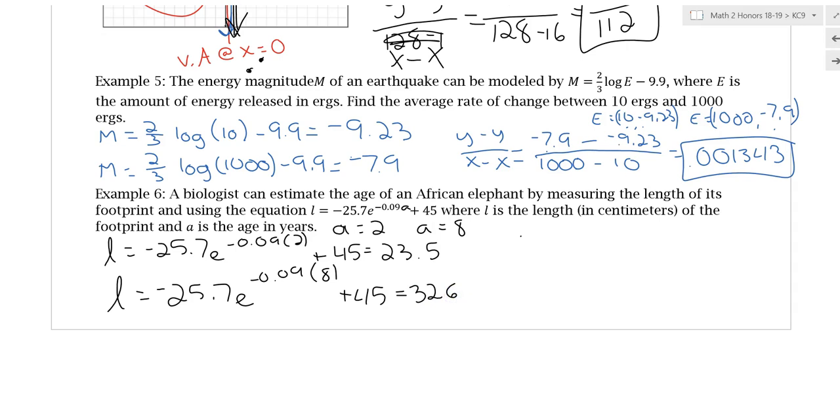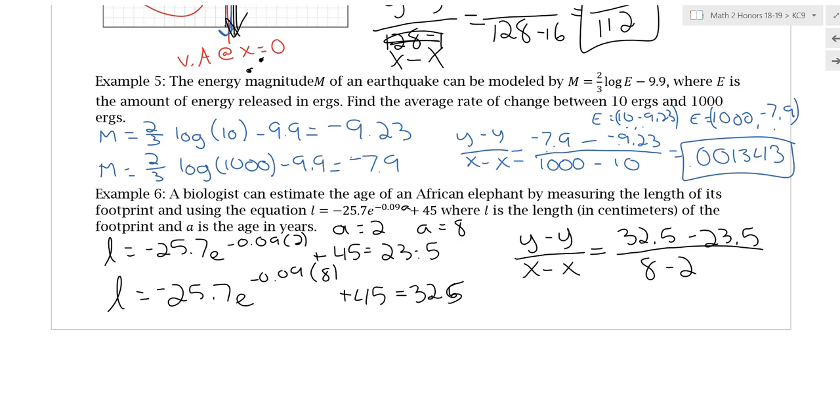So our rate of change is y minus y over x minus x. These are our two y's. So I have 32.5 minus 23.5 all over 8 minus 2.